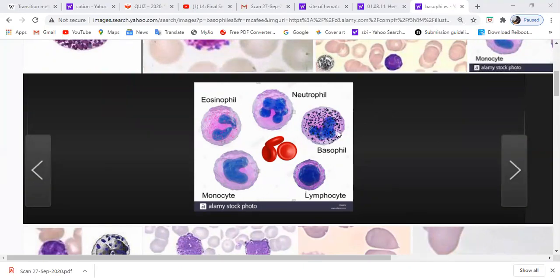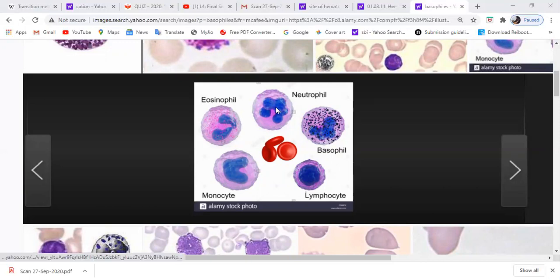Basophils will be stained blue because they have a different kind of granules. Eosinophils are stained red, if you're able to see these small red granules inside their cytoplasm. And neutrophils actually do not take any stain, not blue, not red, therefore they are neutral, and therefore they are called neutrophils.